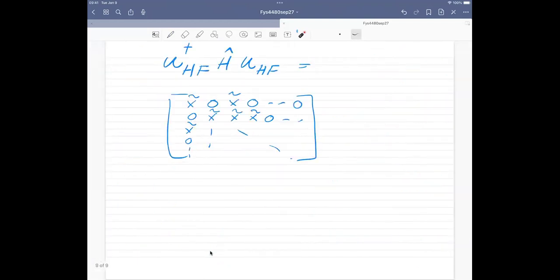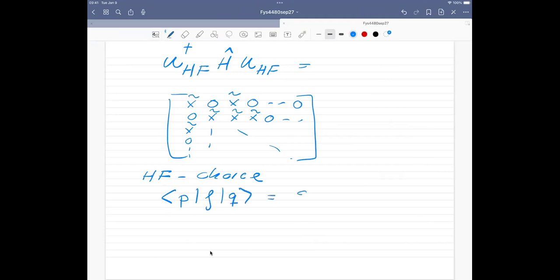So in the Hartree-Fock method, we make a choice in order to satisfy that equation. What we assume now is that between two states, P and Q, this operator F is equal to some epsilon P, and we call this Hartree-Fock because this is linked with the Hartree-Fock recipe.